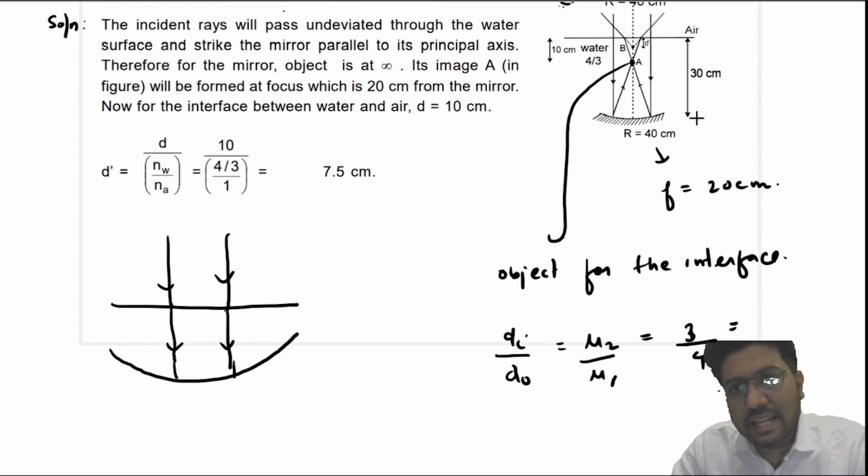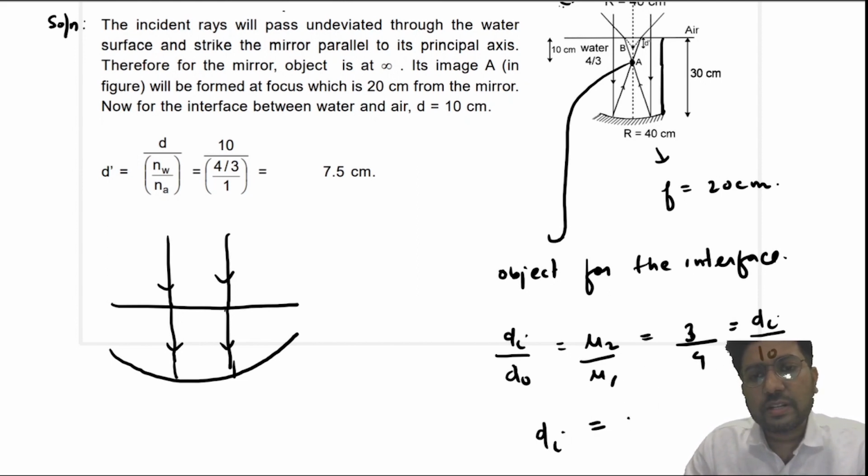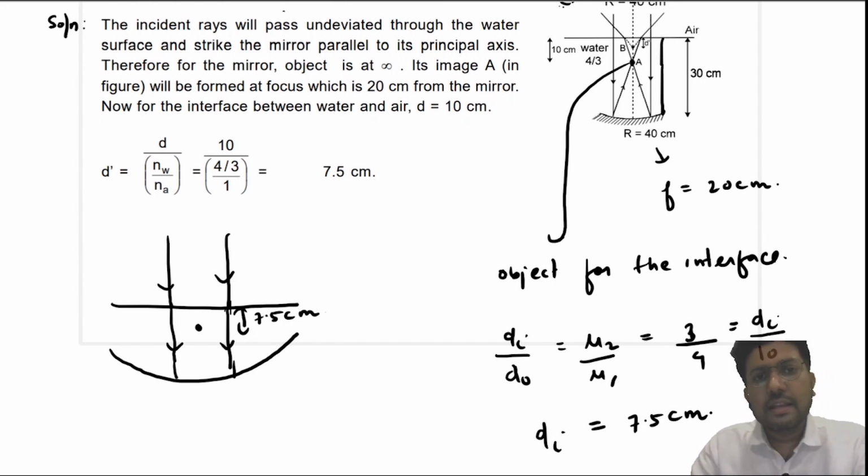If this total length is 30 centimeter and this length is 20 centimeter, then this length is 10 centimeter. So the object distance is 10 centimeter, and di by 10 centimeter equals this. From this you will get di is equal to 3 by 4 into 10, that is 7.5 centimeter from the interface. So the final image will be formed at this point, 7.5 centimeter from the interface.